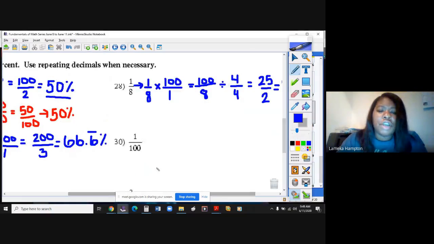Now, number 30 is actually really, really easy. It's probably the easiest problem on this worksheet. So I'm going to say 1 over 100, and I am going to multiply by 100 over 1.